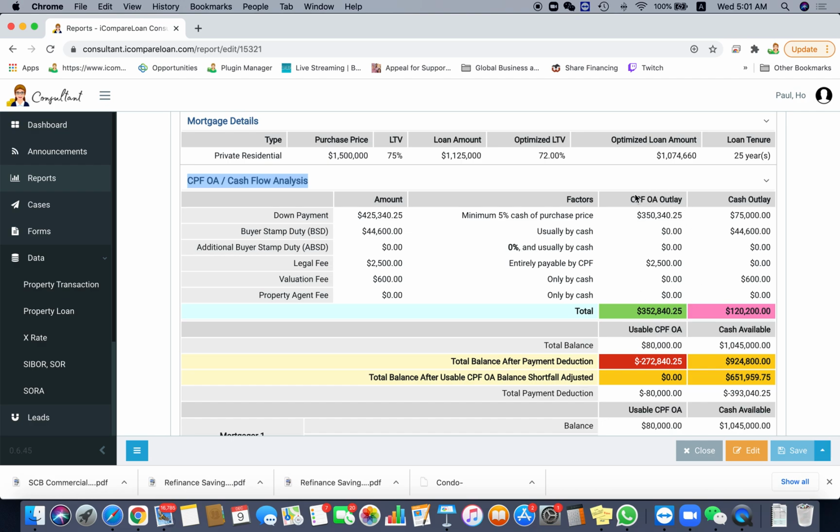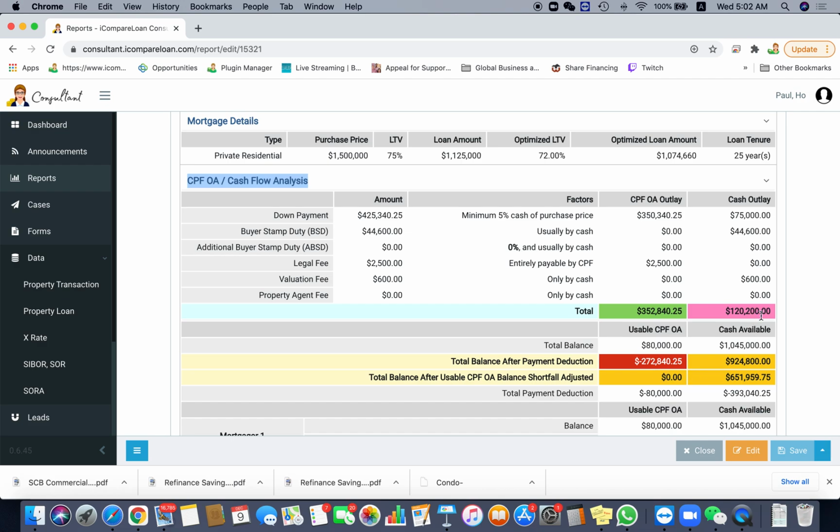These are the portion payable by CPF. This is the portion payable by cash. So we calculate this portion up here: 120k cash, 350k CPF, of which 80,000 is available in CPF. So the CPF shortfall is 272.